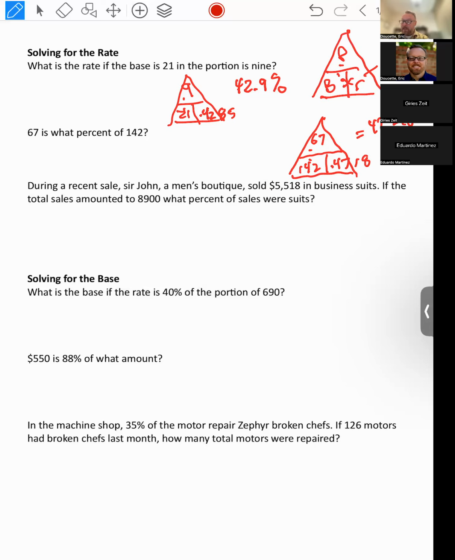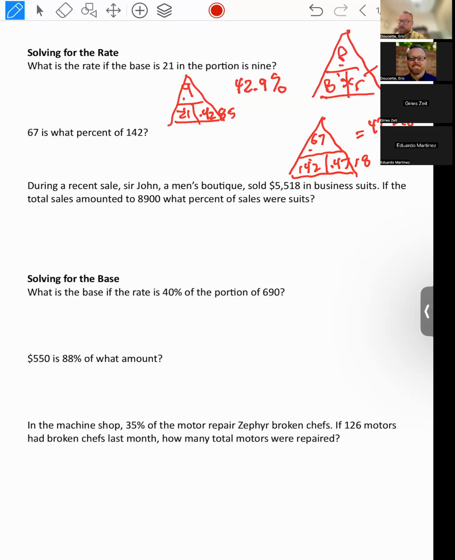For instance, looking at the next one: during a recent sale, Sir John, a men's boutique, sold $5,518 in business suits. If the total sales amounted to $8,900, what percentage of sales were suits?